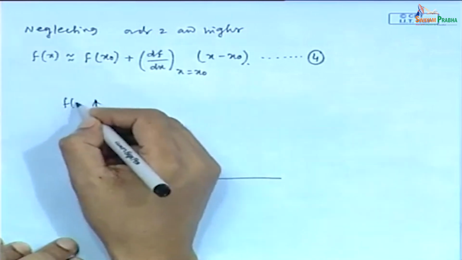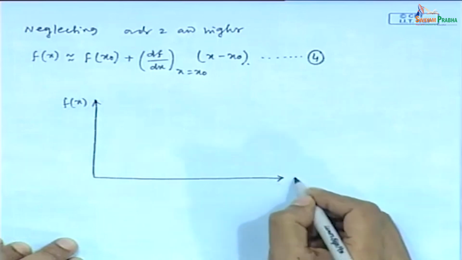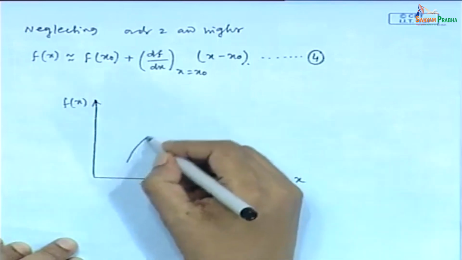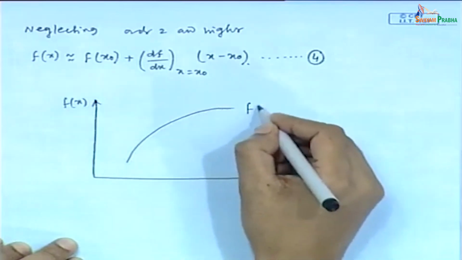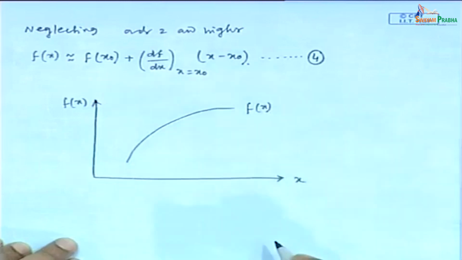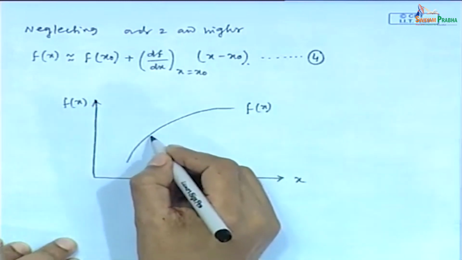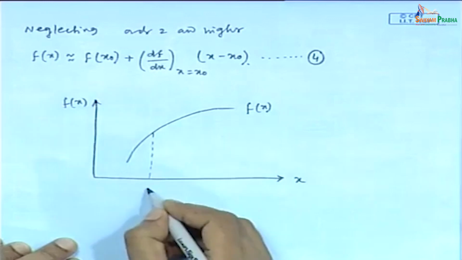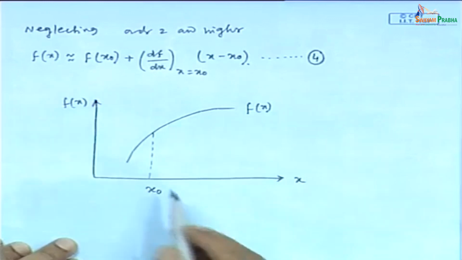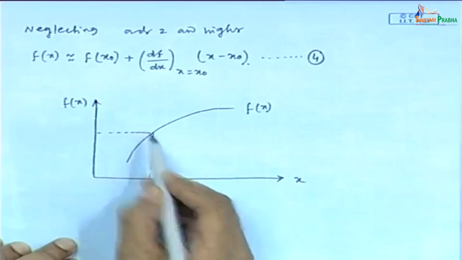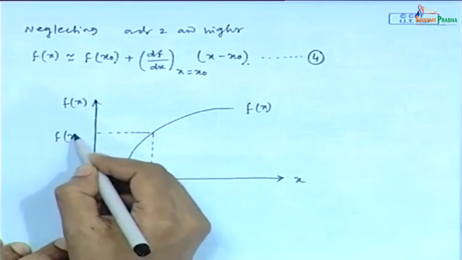This is f x, this is x. Suppose this is the function f x. This point is x naught and the corresponding value is f x naught.